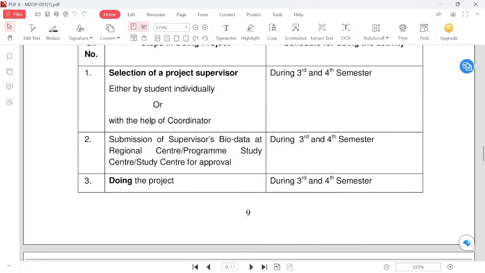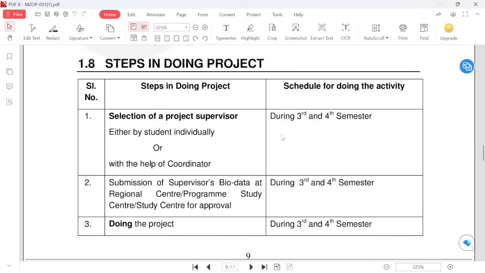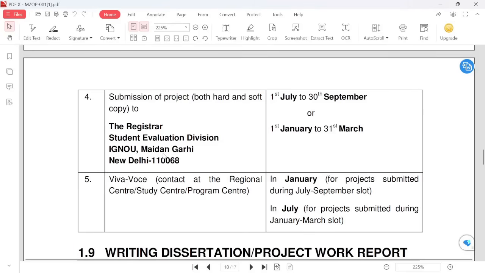Now the submission of supervisor's biodata at the regional center, program study center for approval, and doing the project. This is the time frame. However, you might take more or less time for doing that. You can adjust it as per your desire.